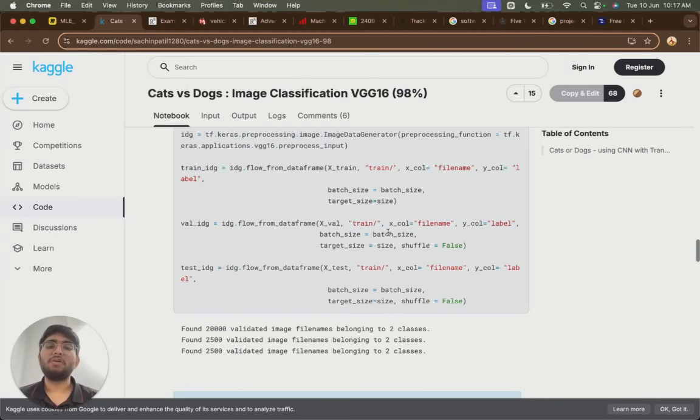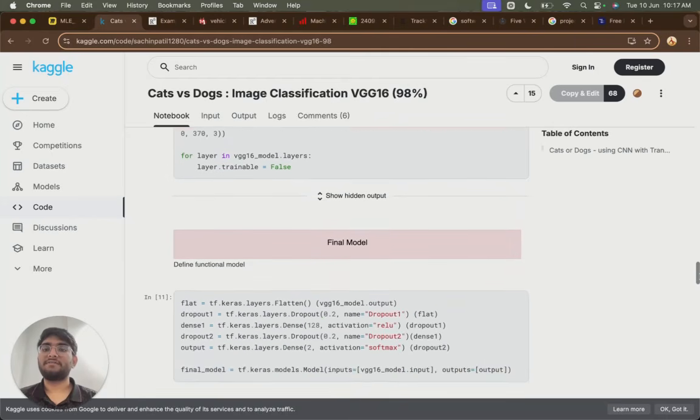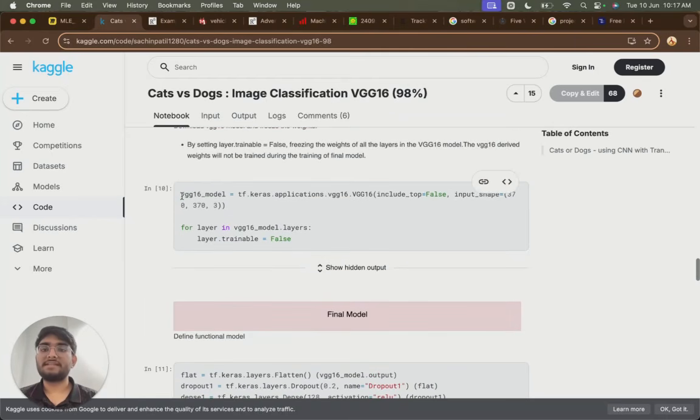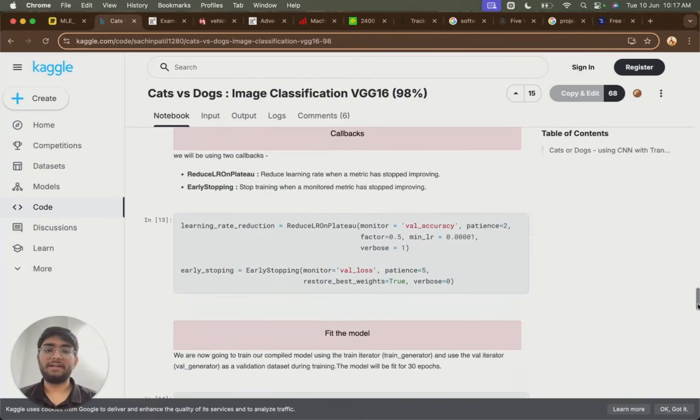They have taken almost 25,000 images and split them into train and validation, belonging to two classes. Then they have defined a VGG16 model. Then they have trained the model, fit the model and evaluated.